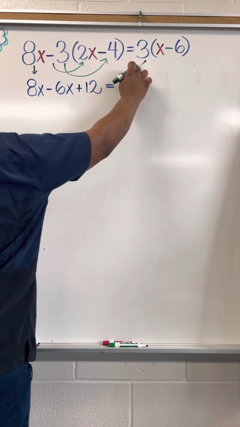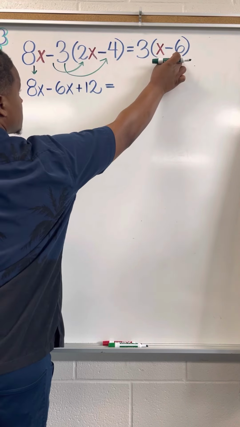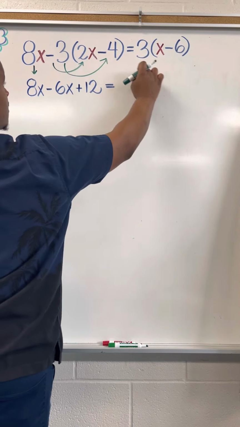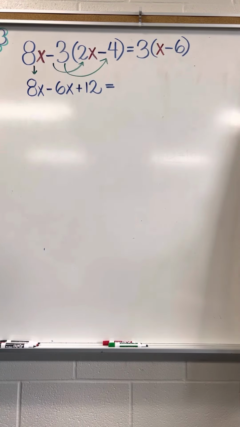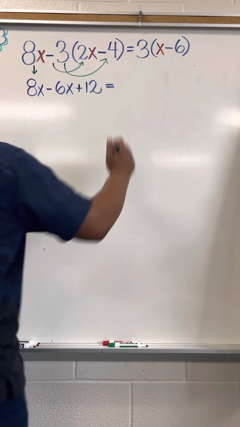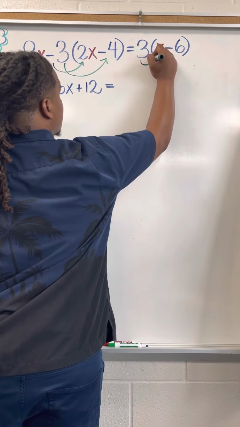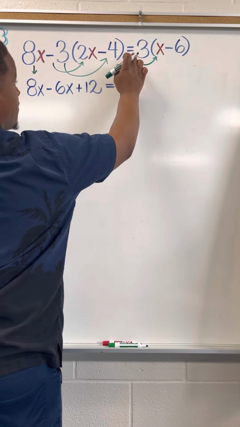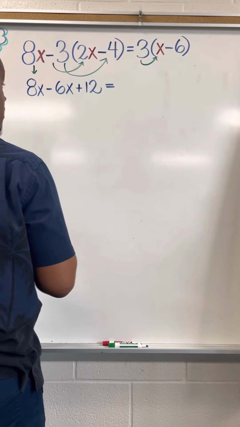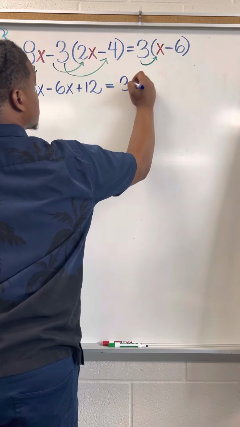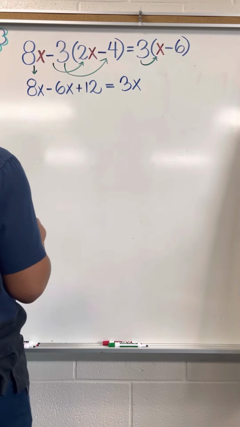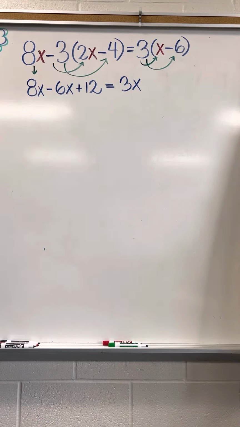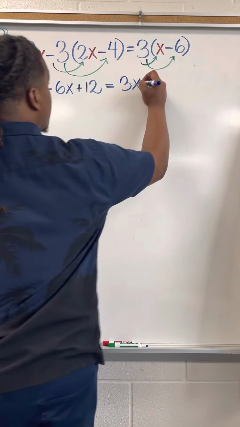I have a +3 that's attached to the parentheses, and within the parentheses, I have an x minus 6. So I'm gonna multiply +3 by everything within the parentheses so I can distribute all the way out, okay? So now I have a -3. I'm sorry, not a -3, I apologize, a +3. +3 times x is a +3x, and a +3 times a -6 is a -18.